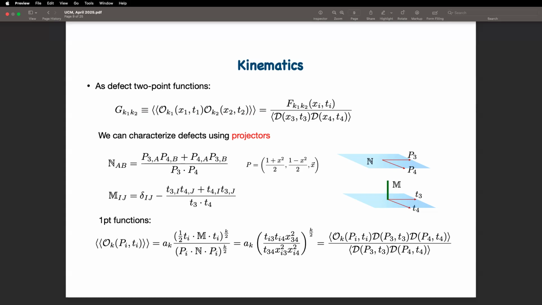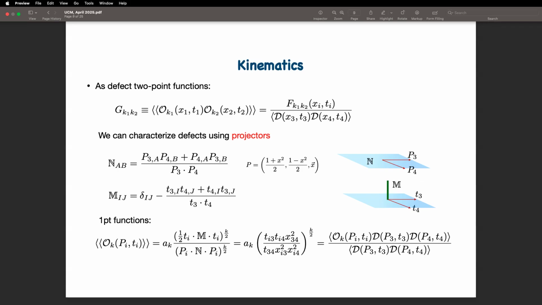So to see this in more detail, let me introduce the projectors. Usually when we try to describe a defect, we would say the defect is extended in some dimension, let's say X1. But it's equivalent to use projectors to do the same thing.